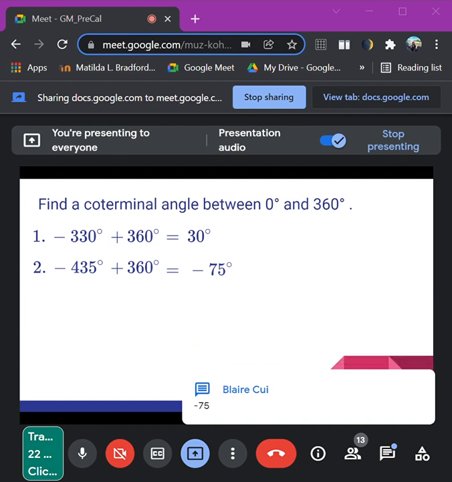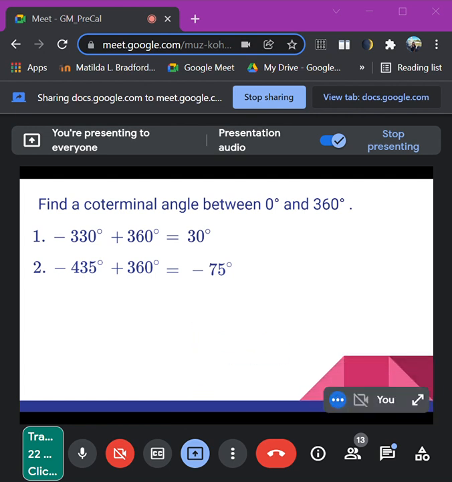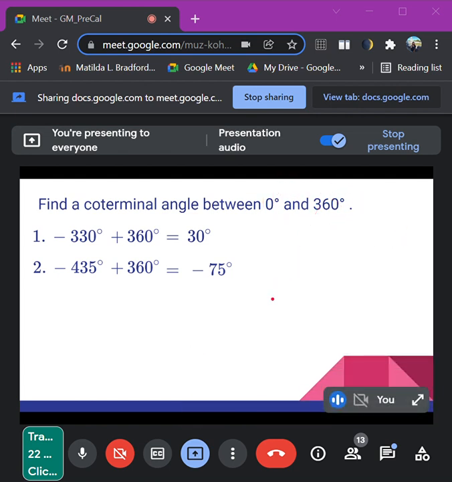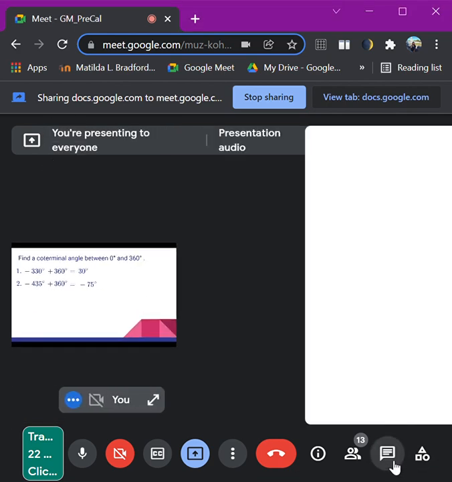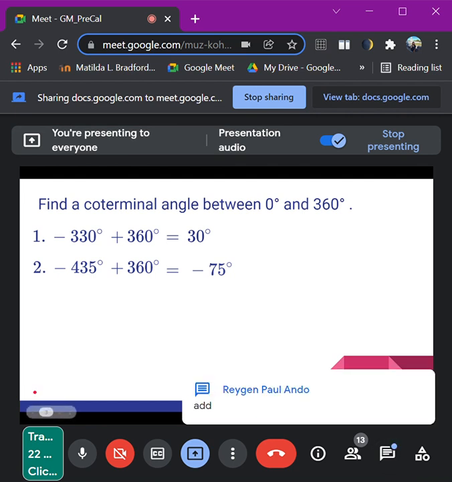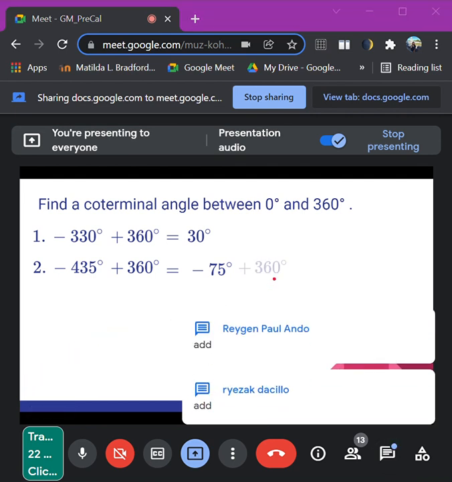Now, are we going to stop here? Yes or no? No. Very good. Since our coterminal angle must be in this range. So what are we going to do with negative 75? We add 360 again.